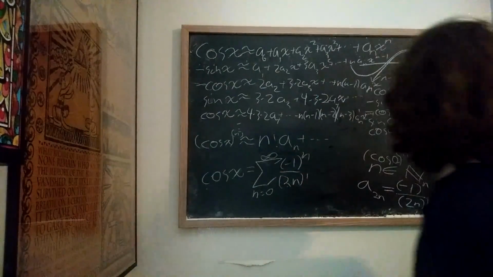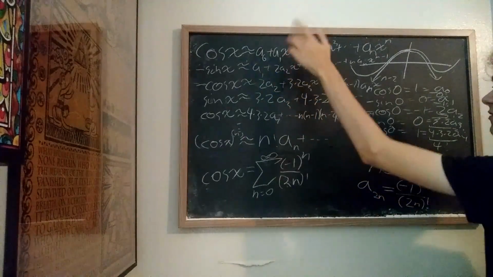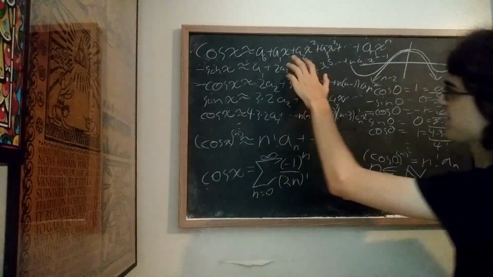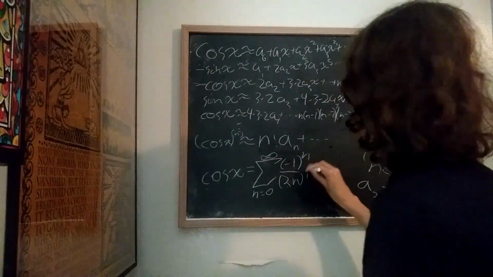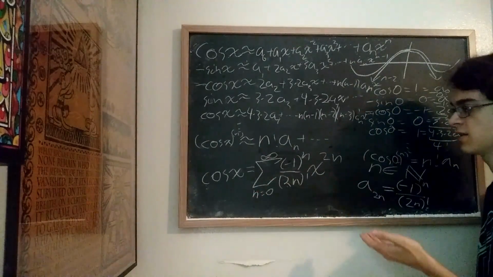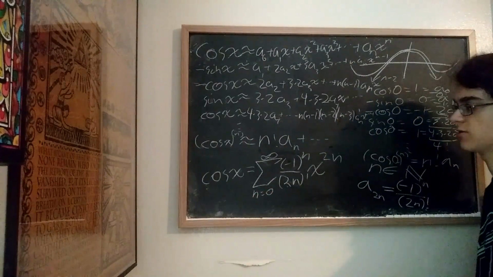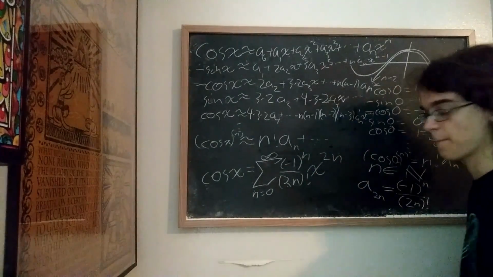And now each term is going to be the even powers, right? Because we're considering the even coefficients. And you can see that each coefficient name is associated with the power. And so we can write cosine of x as the infinite sum running from n equals 0 of minus 1 to the n over 2n factorial times x to the 2n.